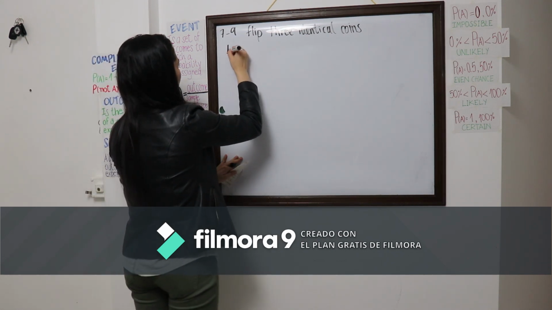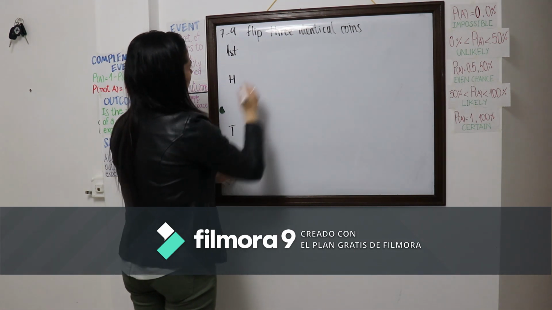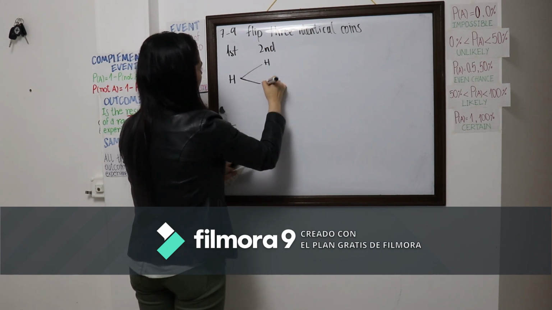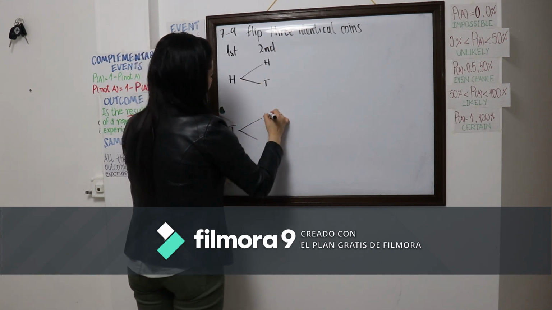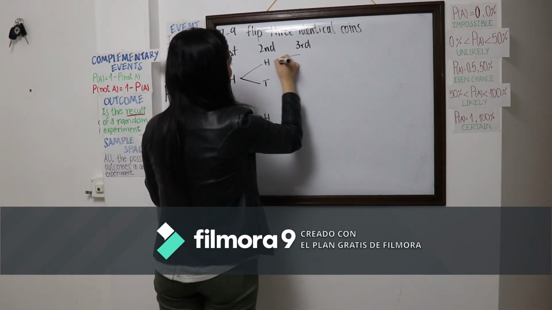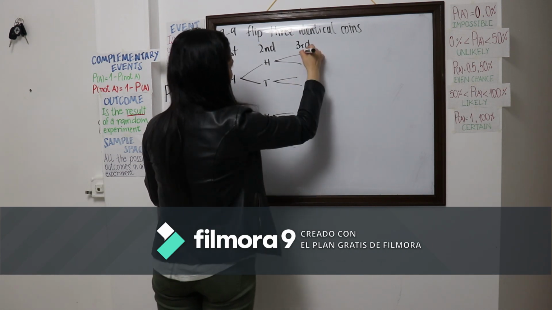I know I have to do the first coin here, which is heads, and then tails. Then I need to do the second coin here, which is going to be again heads or tails, heads or tails. And then I'm going to have a third coin over here. And then I'm going to get, again, 2 options for each.